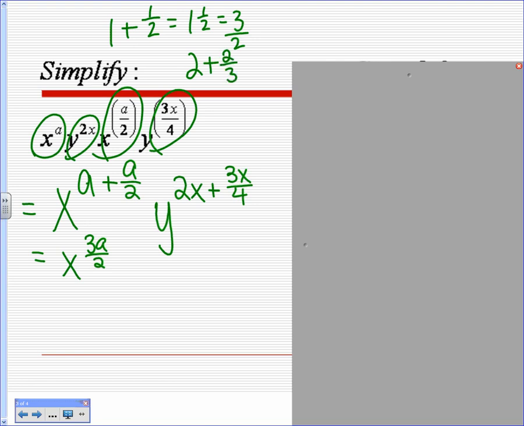Okay? Looking at the y value for our exponent. What's the number in front of our x? 2 plus what? Okay, so 2 plus 3 over 4. What is that? So 11x over 4.